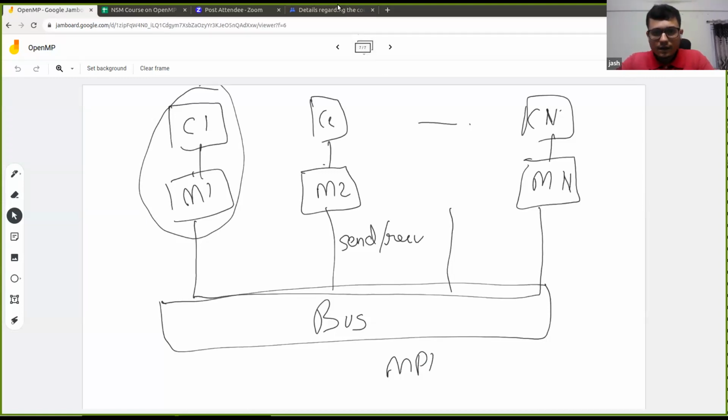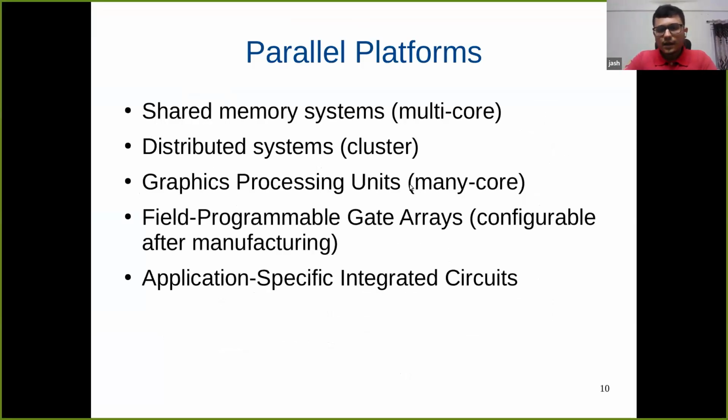Okay, now let us move to the next slide. Apart from that, we have GPUs. As I said, they are many-core systems, and the difference between shared memory systems and GPUs is that GPUs have a large number of cores.